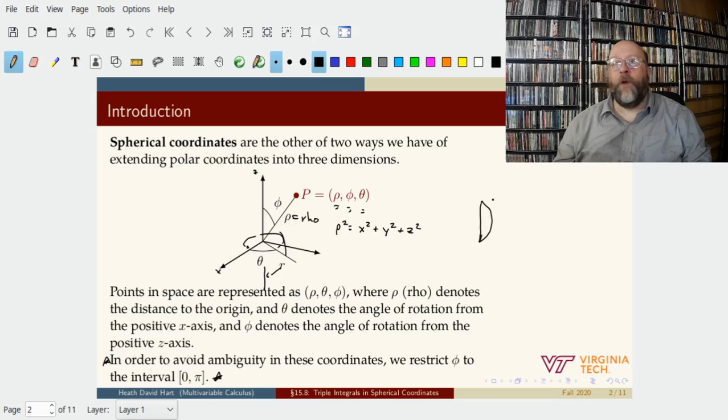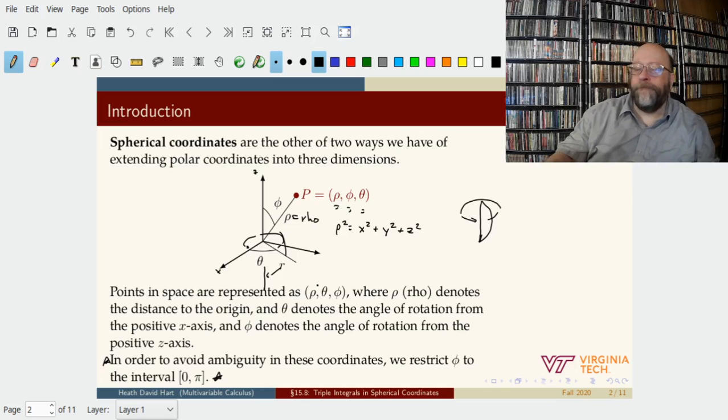And if we want the entire sphere, we get the entire sphere by rotating that around, if that makes any sense. We don't let phi be an entire circle and then rotate it around, because then it will rotate over itself. So that's the idea.